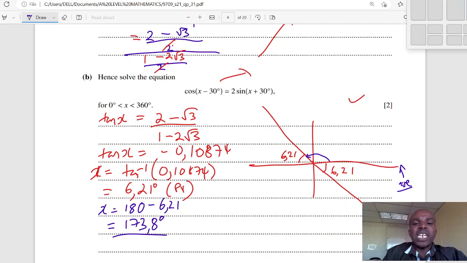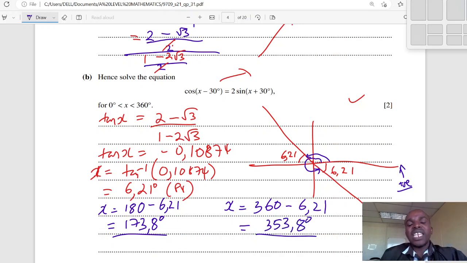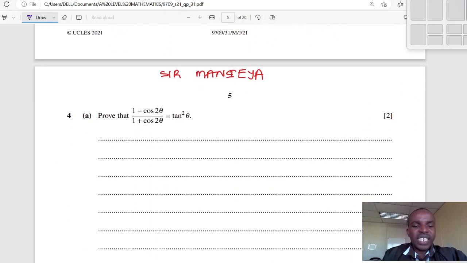Then the second solution, from 0 to 360, is from the positive x-axis to the second line, which is 360 minus 6.21. What do we get here? 353.8 degrees. So these are the two solutions or values of x between 0 and 360.